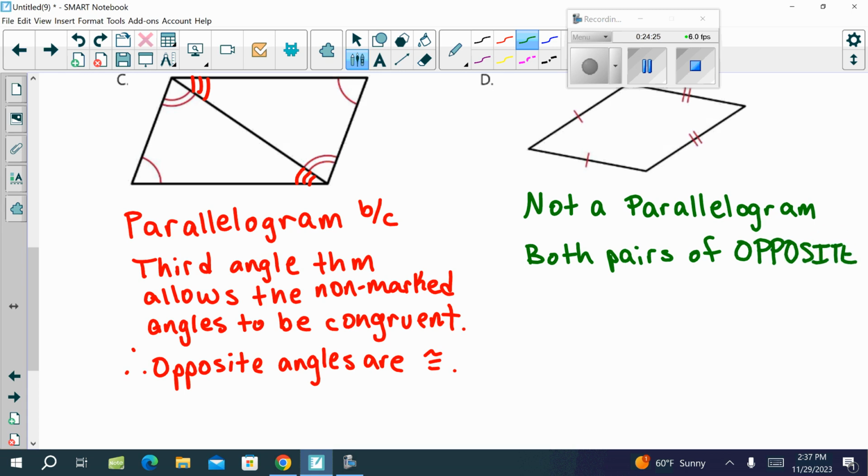I always like to capitalize the key point of why it's not. So we've got two pairs of congruent sides, but they're consecutive. They're not opposite of each other. So that's where we go wrong. Okay, any questions?